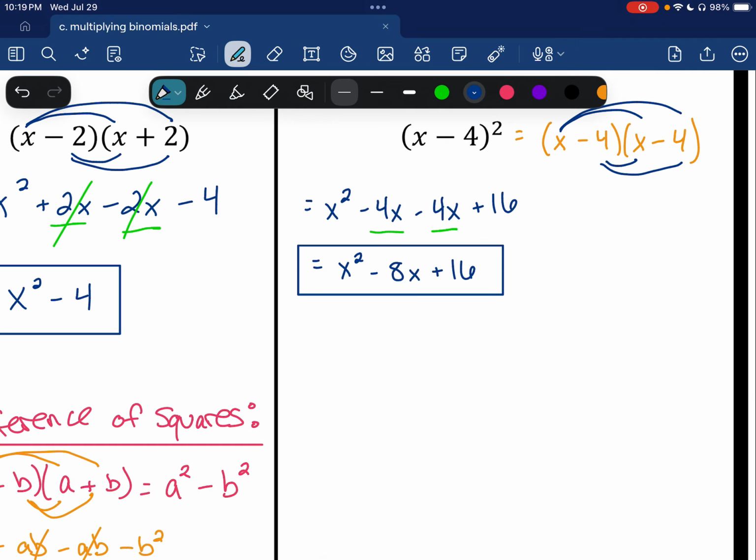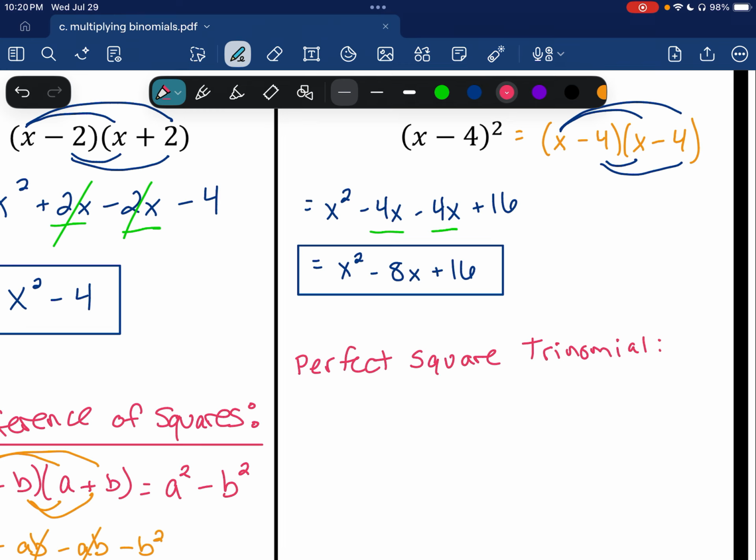Like 4, 16, 36, and so on and so forth. These are perfect squares. And so this trinomial that we got as a result, it's also a perfect square.